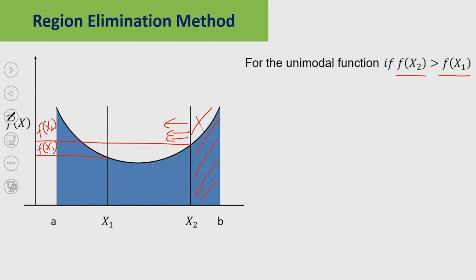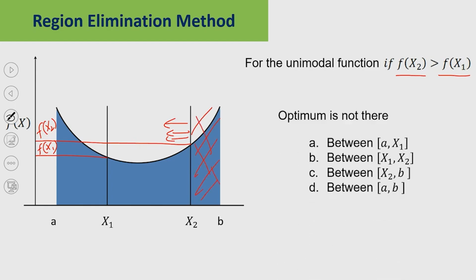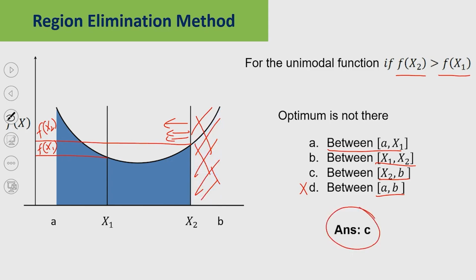Therefore, among the options, anyway the last is not correct. Out of the remaining 3, the solution is c, that means optima is not there between x2 and b, in this region.